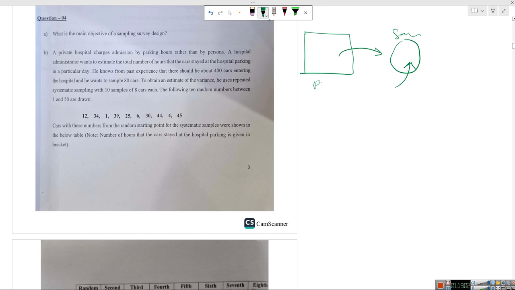So now you can write the main purpose of sampling survey techniques or sampling survey design.